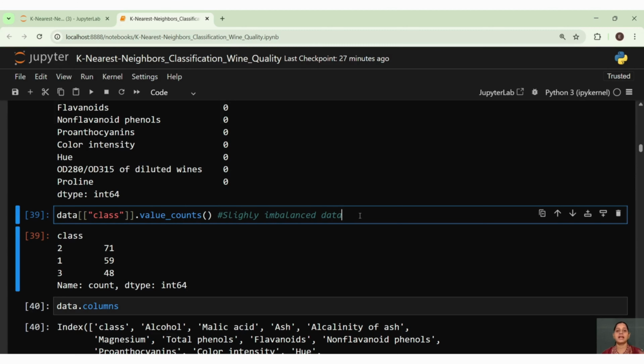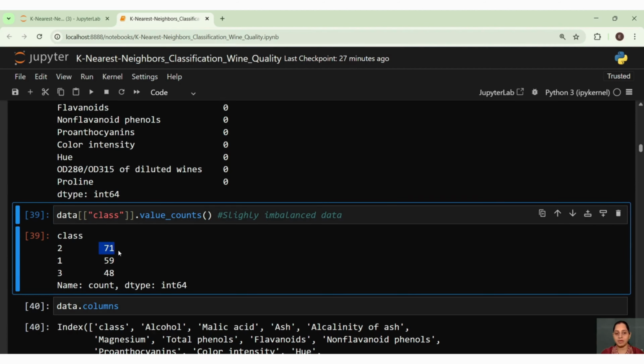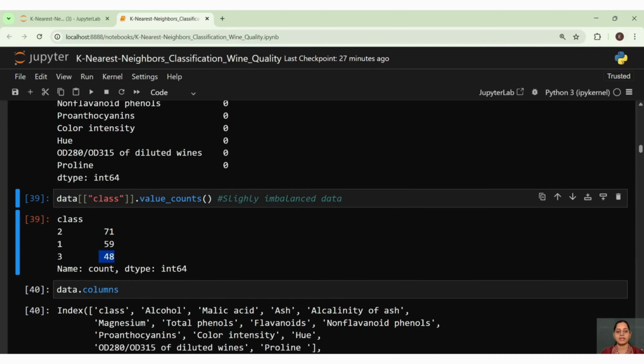If each class is distributed equally throughout the data set, that is a balanced class. If your data set is not distributed equally, that is an imbalanced class. So here I have 178 rows, and we cannot divide it equally. There is still slightly imbalanced data, because class 2 is present 71 times, class 1 is present 59 times, and class 3 is present 48 times.